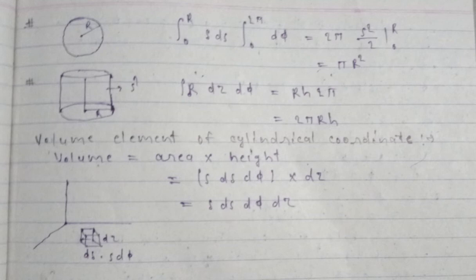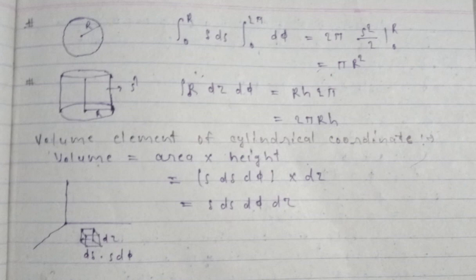Or if I were looking at the surface area of this side of a cylinder, you can see that this area is in the direction s, and if I were to calculate the magnitude, the area would be the integration of s, which for this surface is fixed, radius r, dz d phi, which is nothing but r, dz is going to be the height of the cylinder, times 2 pi, which is 2 pi r h, a familiar result.